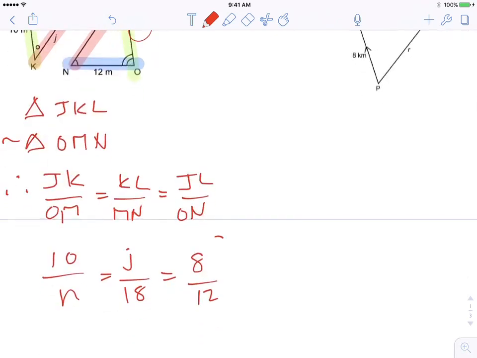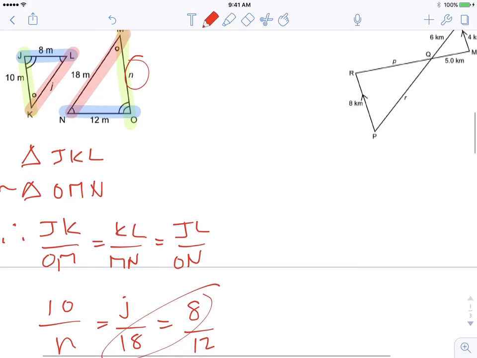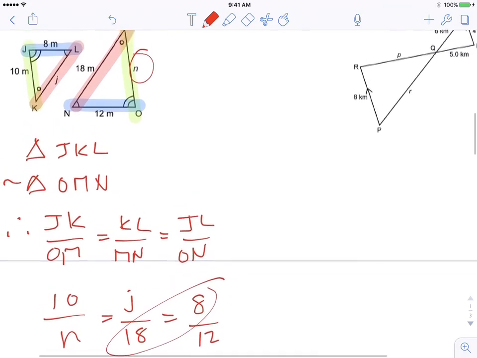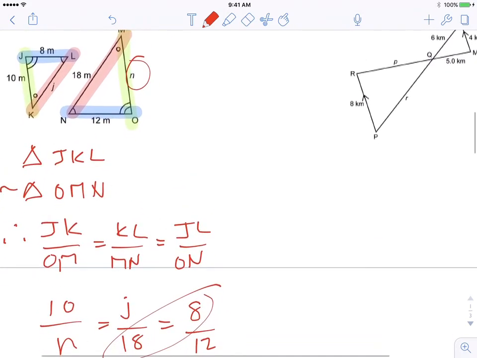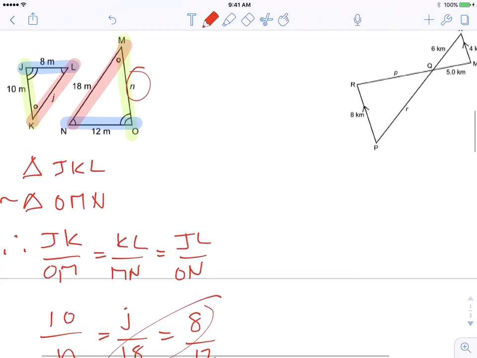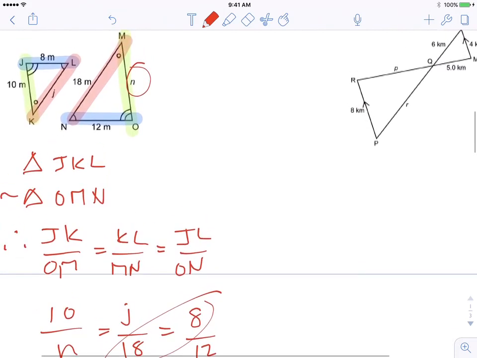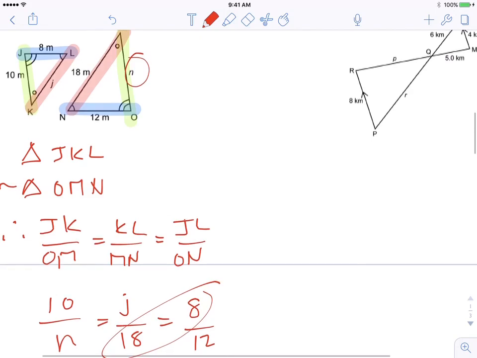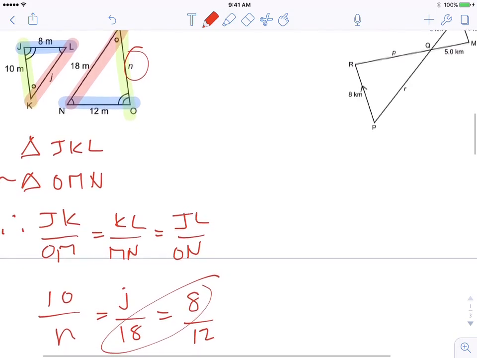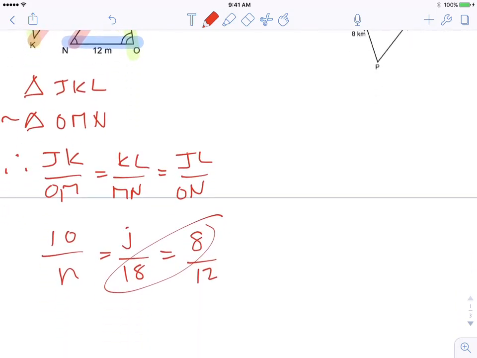And this is what's going to unlock it for us. Now I'm going to cross multiply. Did I write j over that right? MN is 18. And let's see, ON is 12. And that's j. I think that's right. JK is 10. Okay, good. So 8 over 12 is equal to j over 18. Okay, so now we're going to crisscross multiply here.